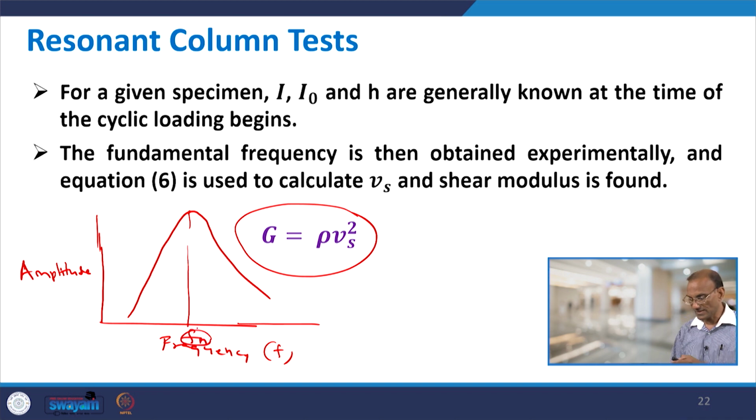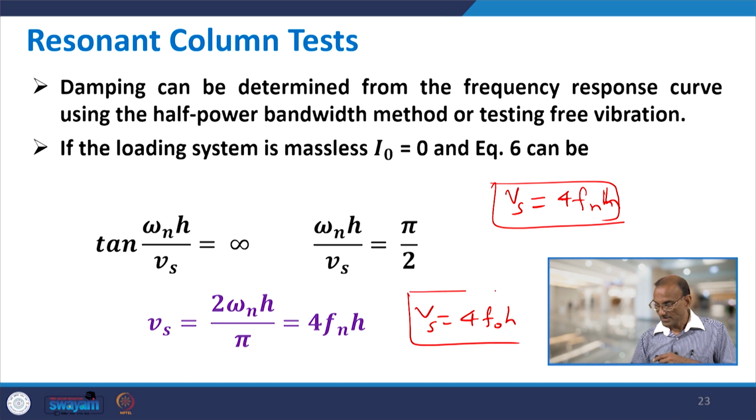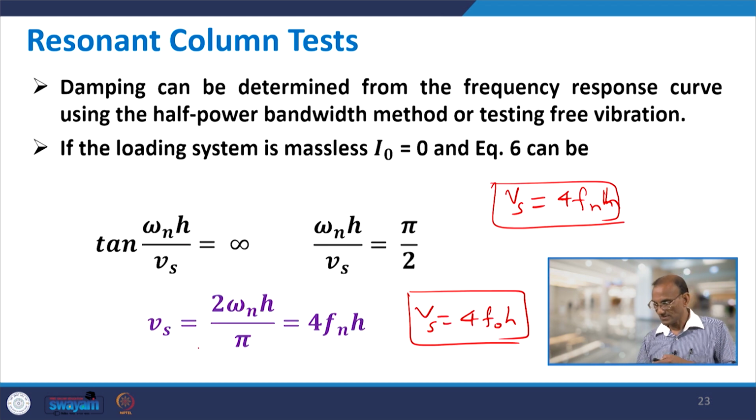So, you just need to find the value of Fn. Once Fn is known, then the shear velocity Vs can be found simply as 4 Fn into h. Basically, it should be written 4 f naught h, where f naught is the fundamental frequency, the natural frequency or the first fundamental frequency.